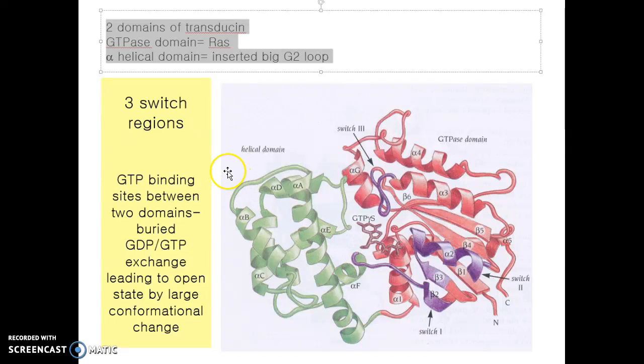In this case, there are 3 switch regions colored in pink: switch 1, 2, 3. The GDP binding site is positioned in the crevice between the 2 domains, a buried region, so that the exchange of GDP and GTP is accompanied by the opening or closing of this region, induced by large conformational changes.